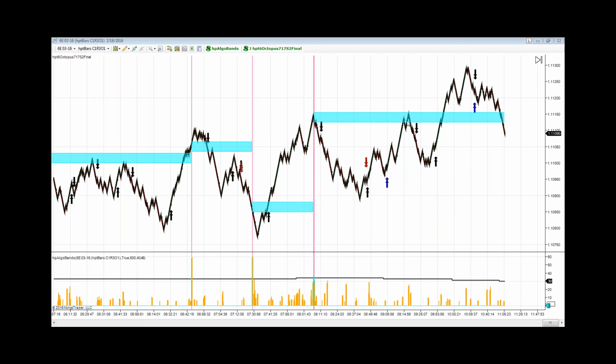The nice thing about this is it's measuring the institutional algorithms on the individual market. So when you look at 6A or 6B or the Swiss franc or natural gas or crude oil, everyone is different. It's also nice because it's a living indicator in that it's not static.